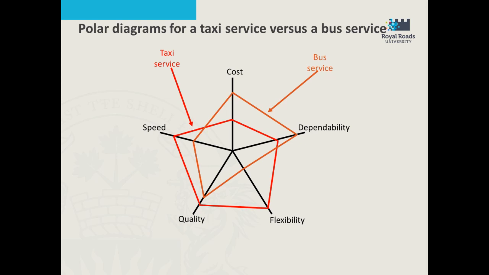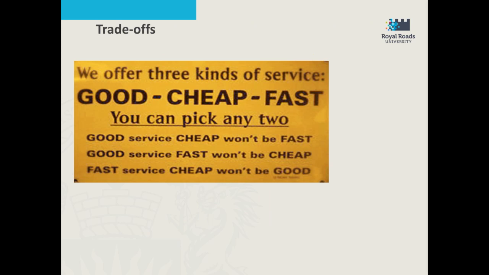Okay, so we can use this technique to compare between existing performance and required performance, and that is what you can use in your assignment, because there is a question in your assignment to assess performance. So basically you can use this diagram to say, well, the existing performance looks like this, and the required performance looks like this, and here you can define the gap between required and existing.